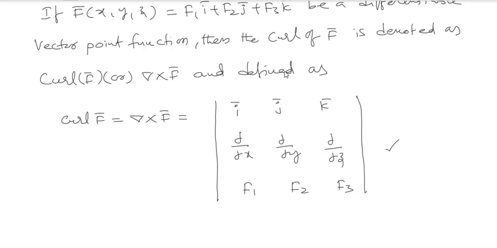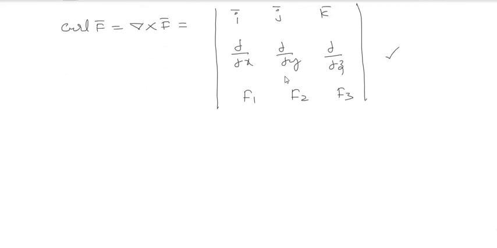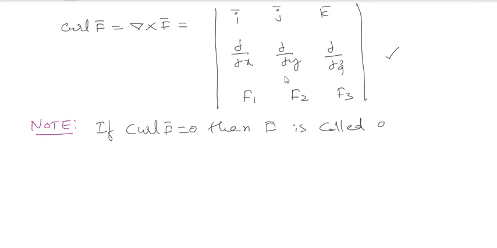Similar to the earlier case, make a note point: if curl of f bar is equal to 0, then we can call f bar an irrotational vector. If curl f bar is equal to 0, then f bar is called an irrotational vector.